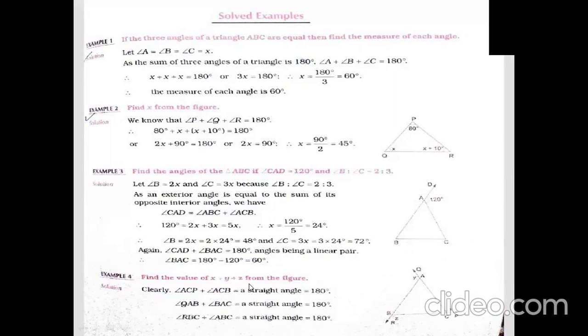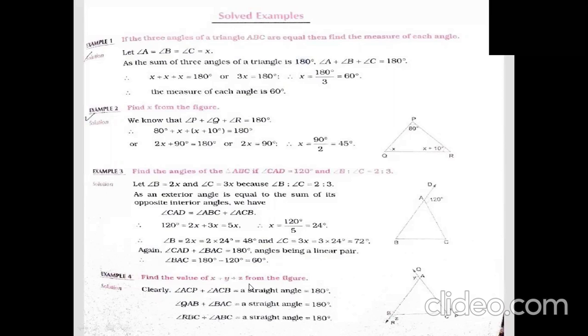Now adding all these equations, we get angle ACP plus angle QAB plus angle RBC plus angle ACB plus angle BAC plus angle ABC is equal to 540 degrees.